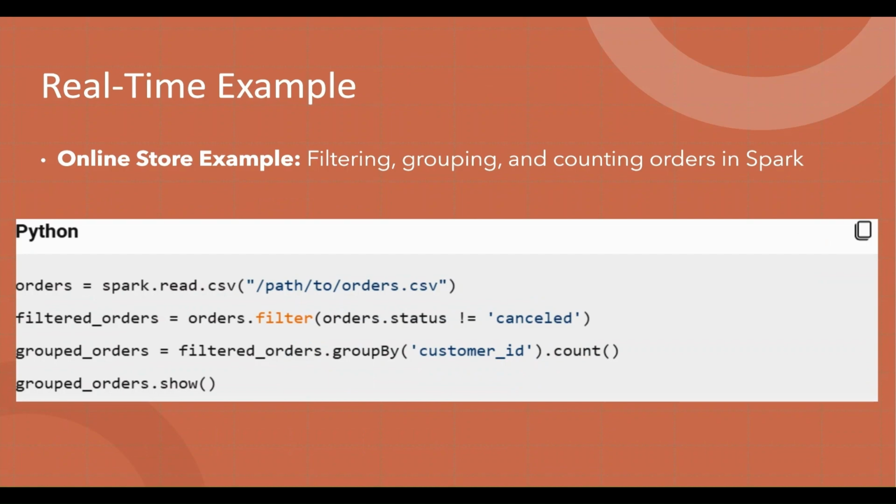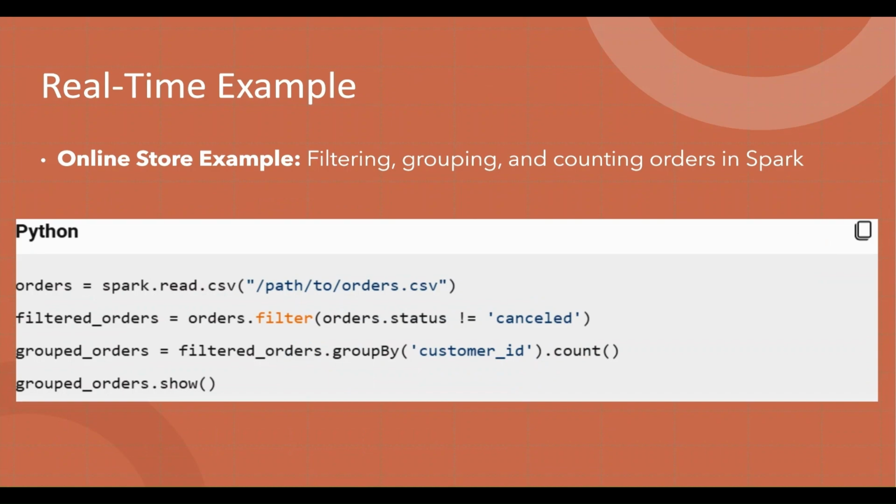First, find out the orders that were cancelled. After that, group the remaining orders by customer ID. Last step, count and show the orders each customer made.